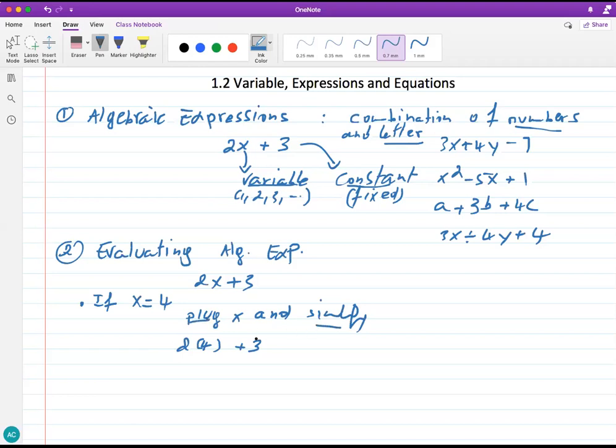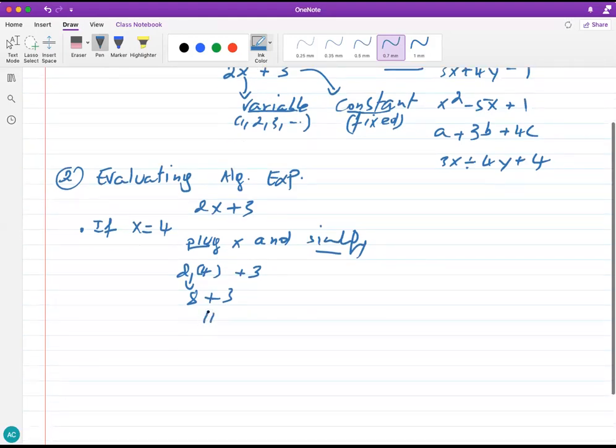Now we're going to simplify. Of course, we follow the order of operations. So which operations do we do first here? Multiplication. Exactly. This is one application of the order of operations that we learned last time. So that's 8 plus 3, and that's 11. So if x is 4, the value of this expression is 11.